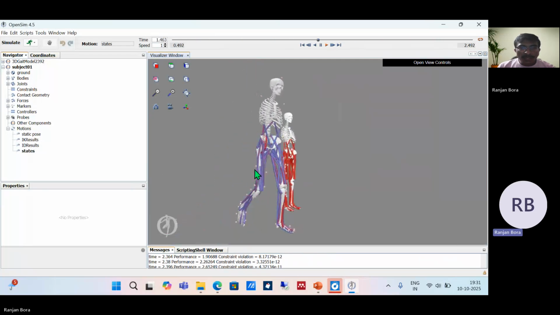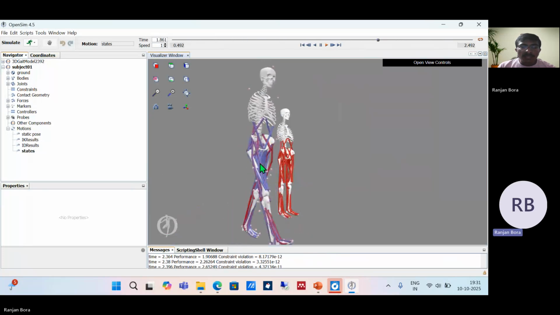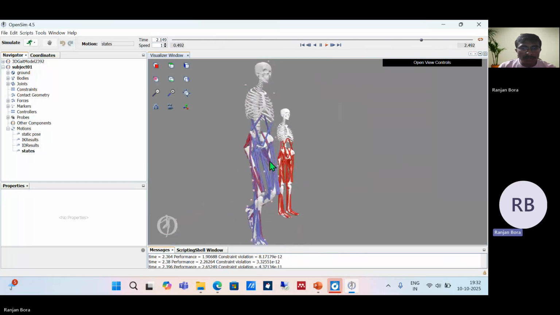So blue means the muscle is less activated, and when these colors change from blue to red, it means the muscle is getting more activated. Means its activation is changing between 0 and 1. 1 means fully activated and 0 means no activation at all. So in between blue and red means the muscle activation is between 0 and 1.